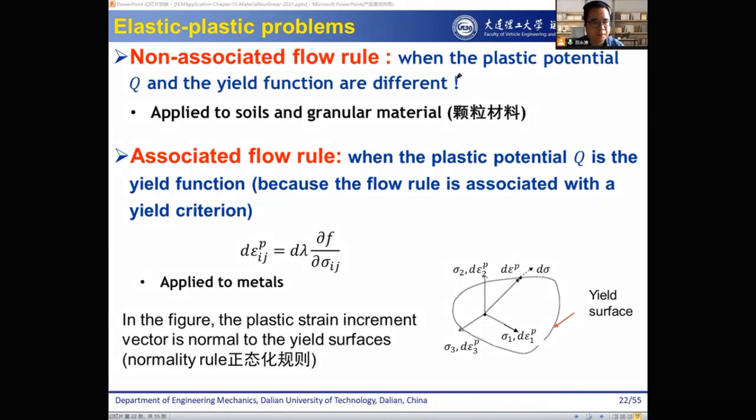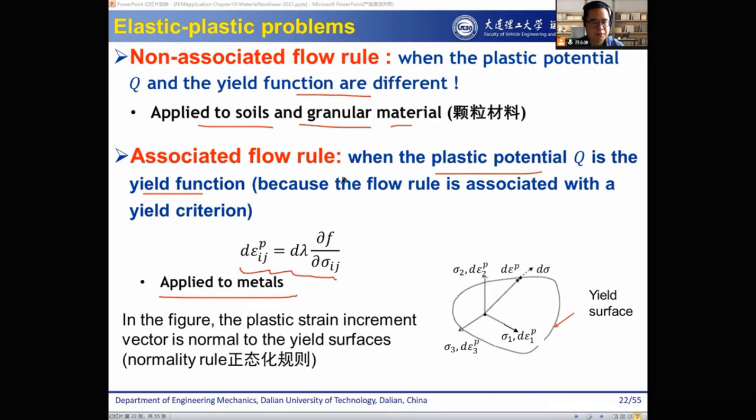When the plastic potential and yield function are different, we call it the non-associated flow rule. Kind of decoupled, and this flow rule is applied to soil and granular material. In comparison, we have the associated flow rule. When the plastic potential is the yield function, we call it the associated flow rule. So we have this formula, and this is applied to metal.